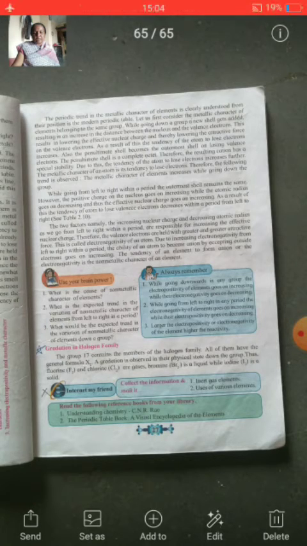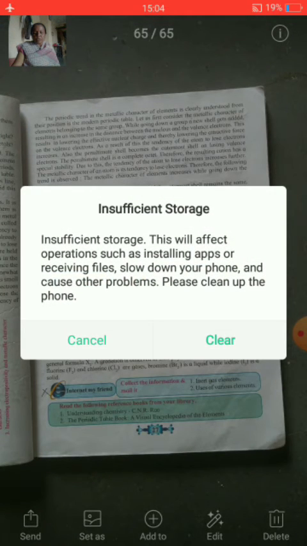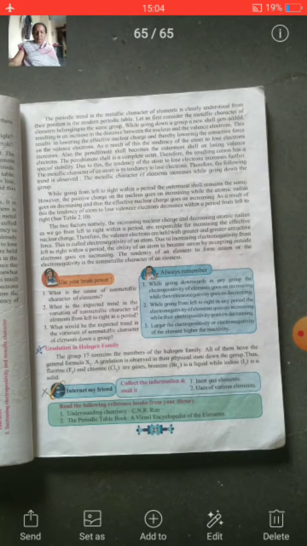As a result of this, the tendency of an atom to lose valence electrons decreases within a period from left to right. Thus, two factors, namely the increasing nuclear charge and decreasing atomic radius as we go from left to right within a period, are responsible for increasing the effective nuclear charge.